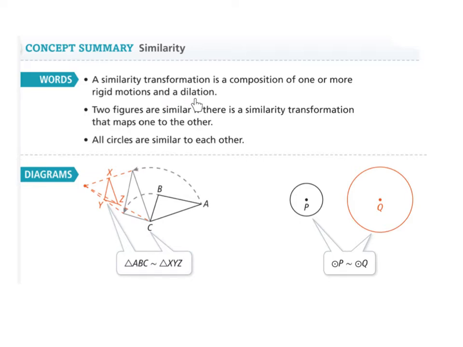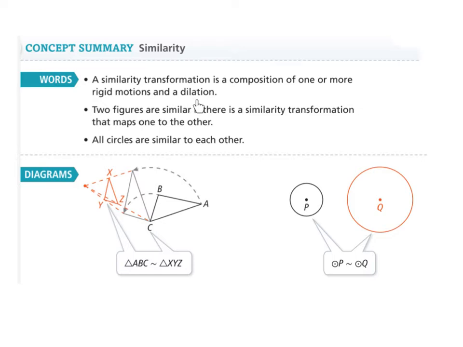What dilations do is change the length of segments by the scale factor. So if a segment gets dilated and multiplied by 2, its length gets multiplied by 2. If there were other segments in the figure that got dilated, their lengths would all get multiplied by 2.